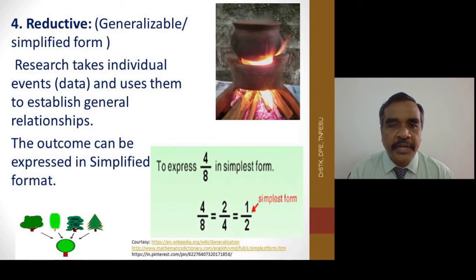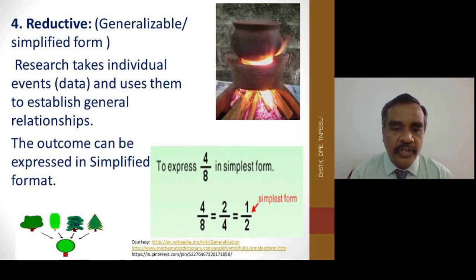The fourth one is reductive, generalizable, or in simplified form. Research takes individual events, the data, and uses them to establish a general relationship. The outcome can be expressed in simplified form. For example, the generalized: all kinds of trees can be called a tree, whether it is a banyan tree, a neem tree or a Christmas tree, but it can be called a tree.